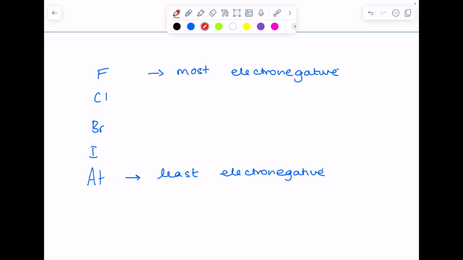And remember, this goes some way to explain why fluorine can be involved in hydrogen bonding, because hydrogen bonds form between hydrogen and highly electronegative elements, which you have to learn are fluorine, nitrogen and oxygen. And that's the only time hydrogen bonds will form.